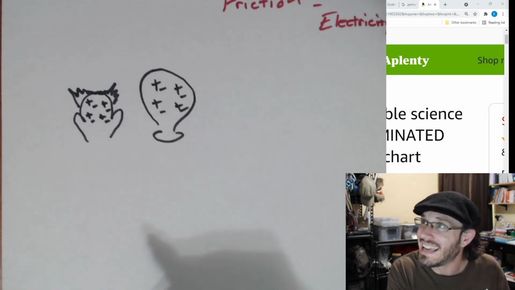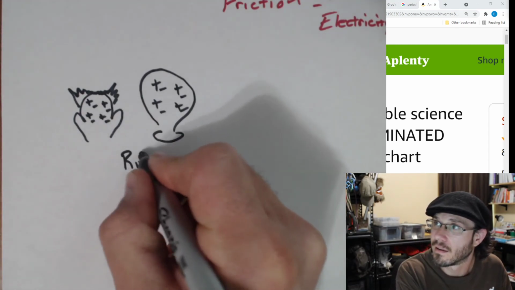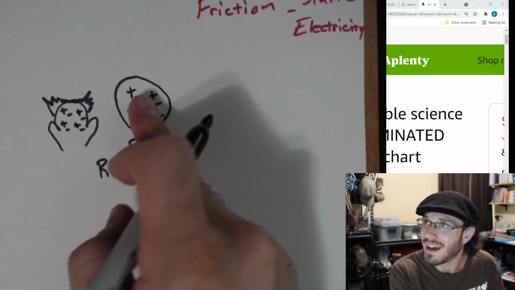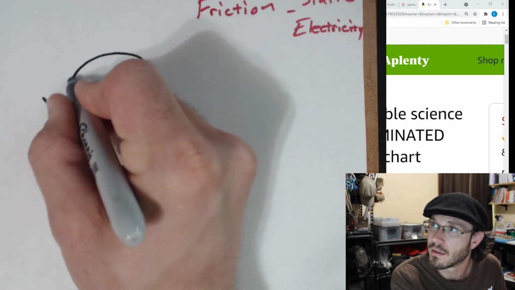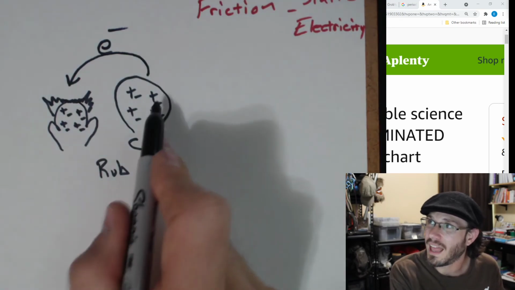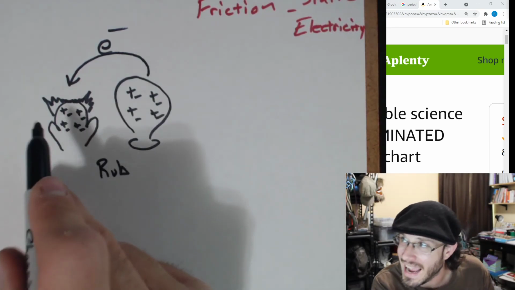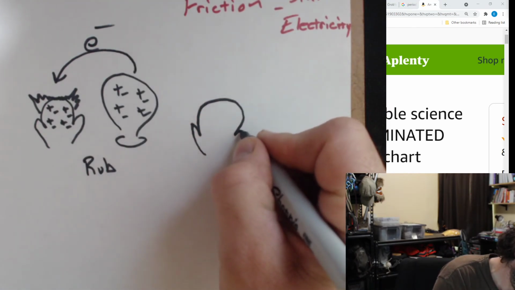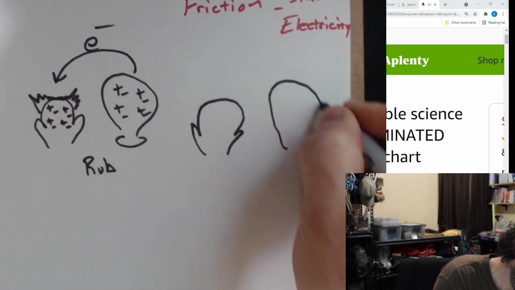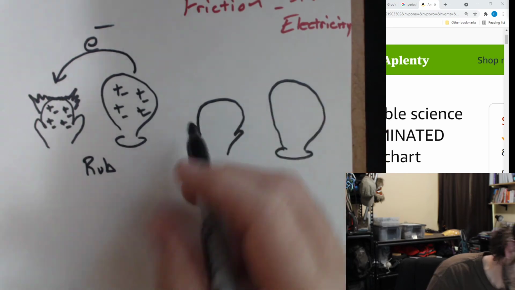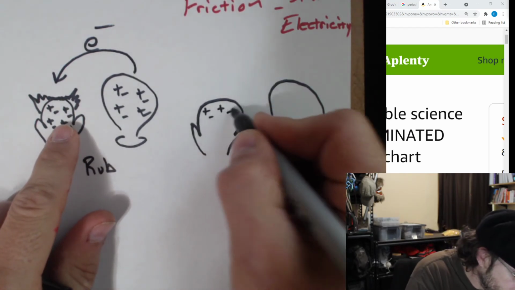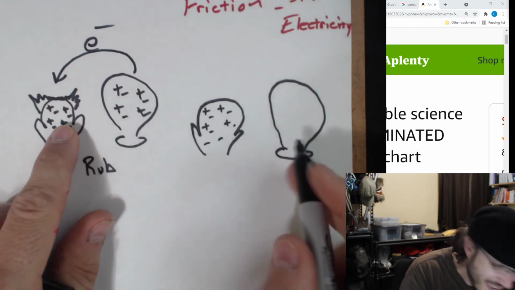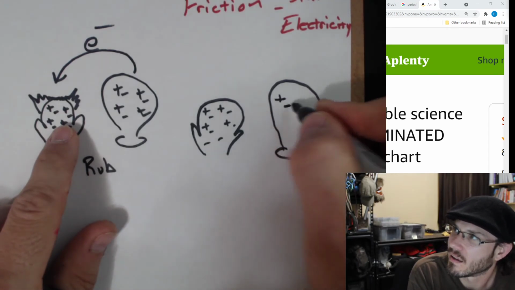I rubbed the two together, and because of friction, energy going into the system caused electrons to fly from the balloon and deposit themselves into my hair. So now I have more electrons over here and less electrons over here.